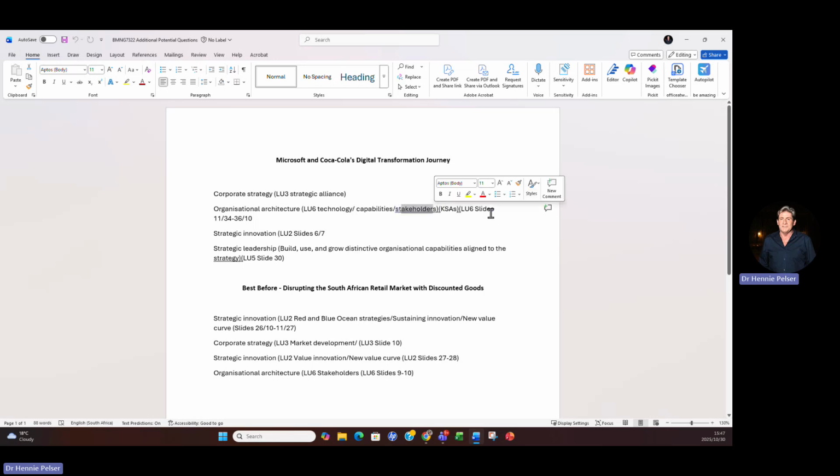There's also some reference to your stakeholders. Definitely in my Learning Unit 6 slides it is there, and I'm pretty sure that if you do a bit of digging, you'll find it in your slides as well. But again, my slides are available if anyone wants them. I will load this as well, and I think I've already shared it with Kim and Em.